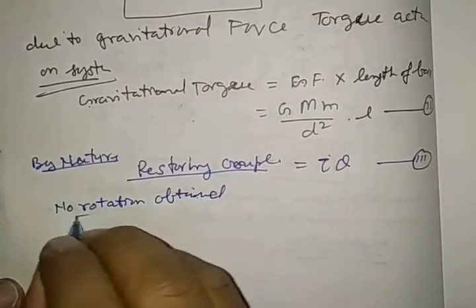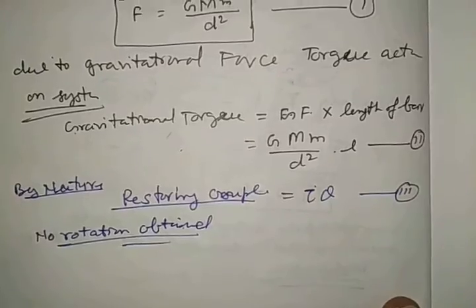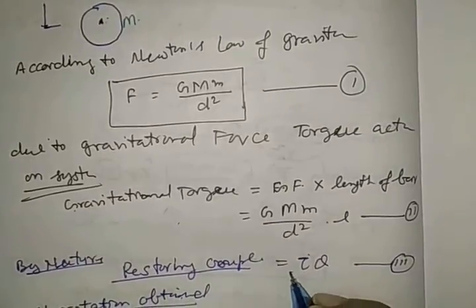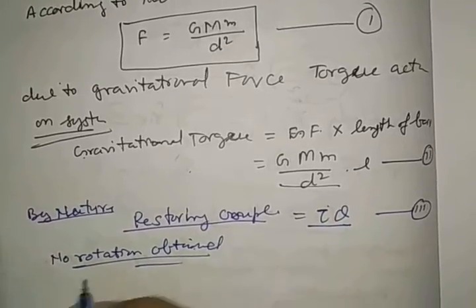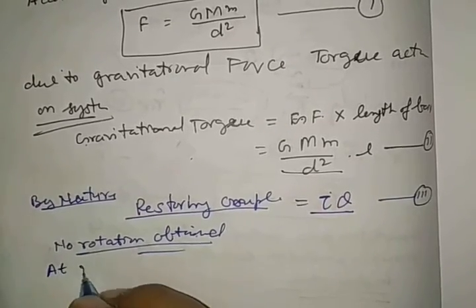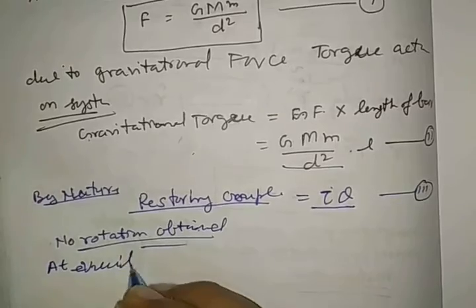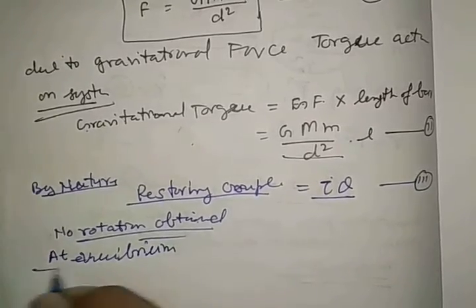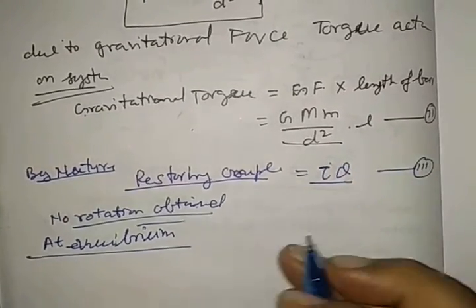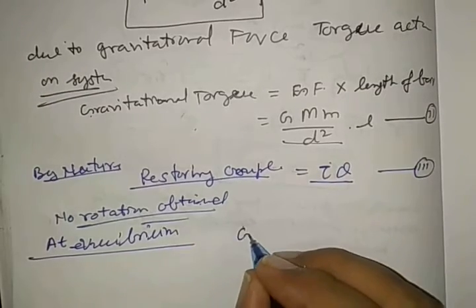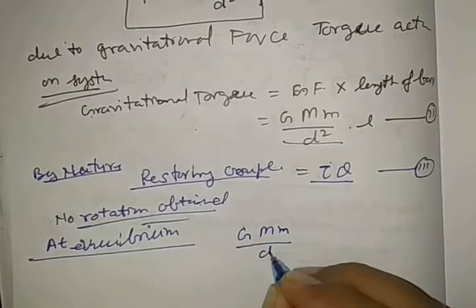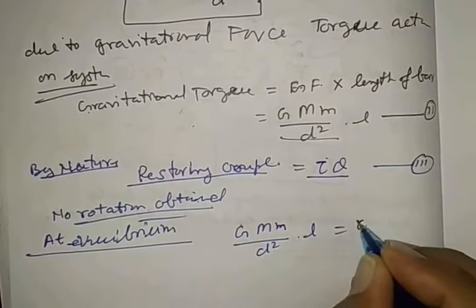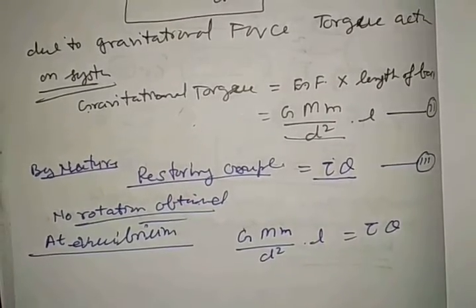What does it mean? It is possible only when the restoring couple is equal to the gravitational torque. So we may write at equilibrium, both torques are equal. It means G M m / d² times L is equal to τθ.